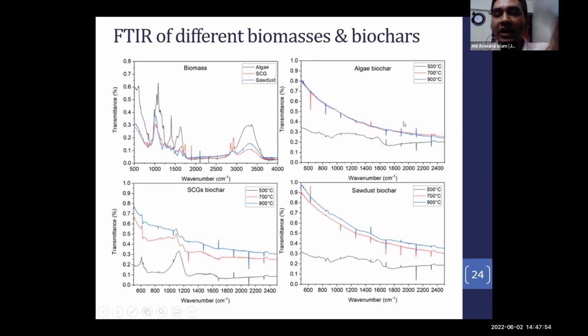But when I pyrolyzed, except for the 500 degree, the 700-degree and 900-degree have given a kind of flat curve, which means all the functional groups were decomposed by that time and only the carbon residue was remaining. Then for the 500-degree, if we compare the three biomasses, only coffee has the big peak, which indicates some of the remaining acidic functional groups which we are looking for to increase the silver adsorption.